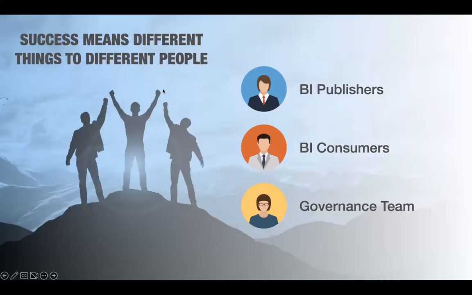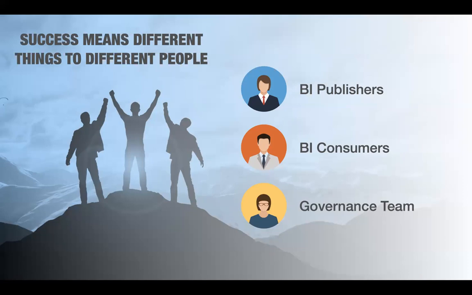When you think about success, you think about, okay, I'm going to go and build myself an analytics catalog. There are really 3 different classes of stakeholders that you need to think about, because success means something different to each of these different types of stakeholders, and you need to be able to address all their needs to be successful.